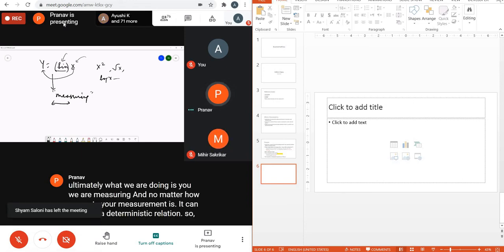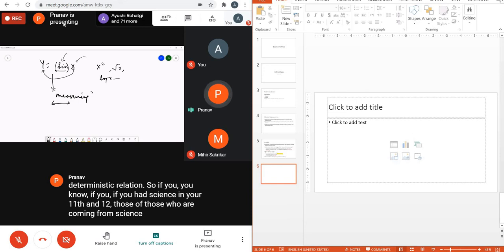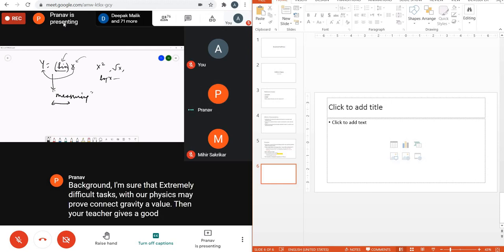If you had science in your 11th and 12th, those who are coming from a science background, I'm sure that it is an extremely difficult task in physics to prove that the value of gravity is exactly what we theoretically read. Someone's value comes out as something, someone else's value comes out as something else, but if it comes within a range, your teacher gives you full marks.